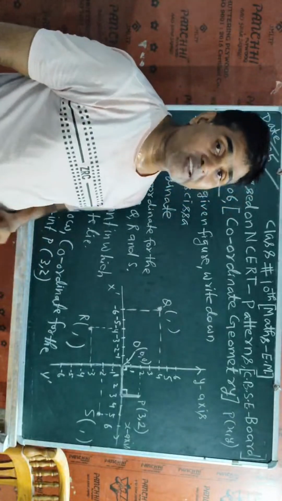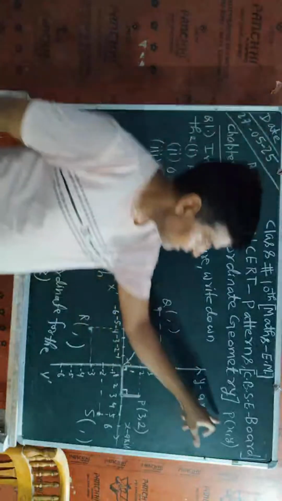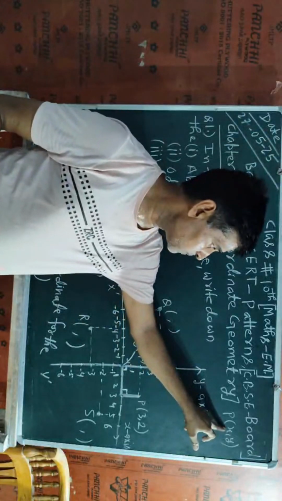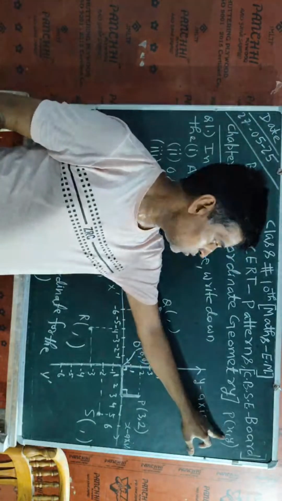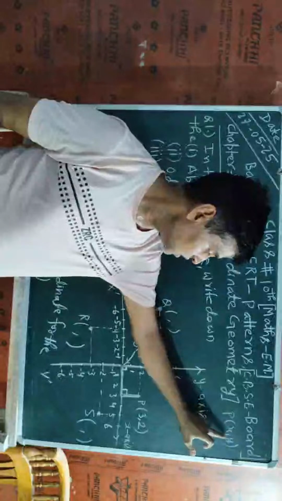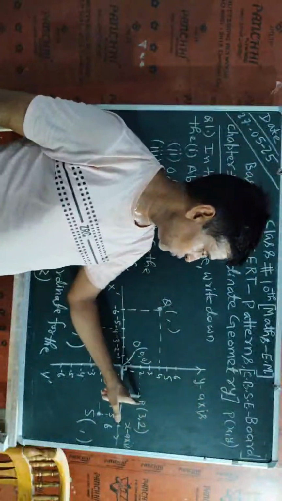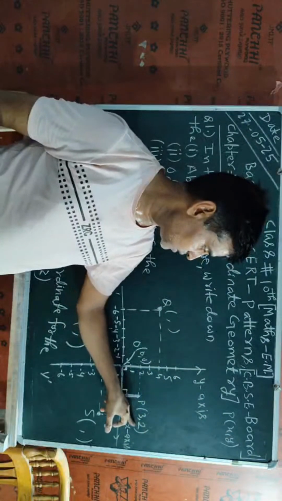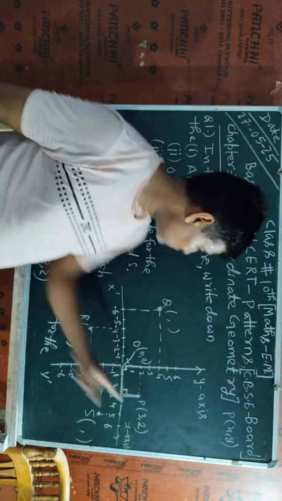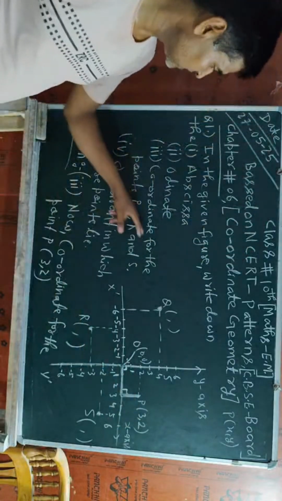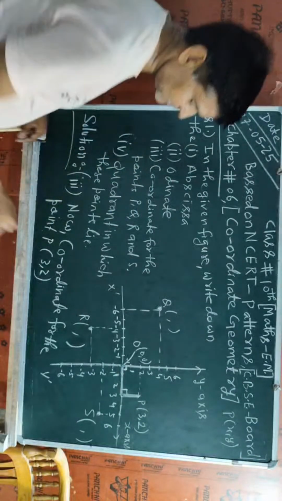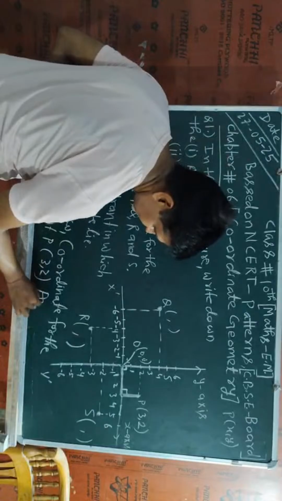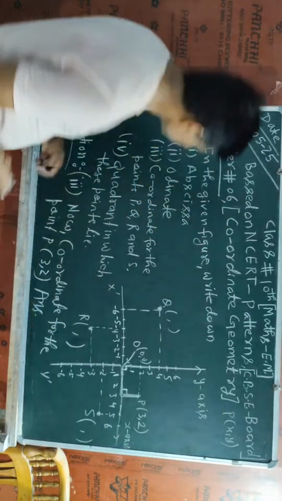So that point can be written in the form x, y. Here I have put the value of x as 3 and the value of y, that is the ordinate, as 2. So this point is written as 3, 2. It means that this is the coordinate point, and this coordinate point can be asked in the question. So I have already written it. So I will say this is the answer of question number 3.